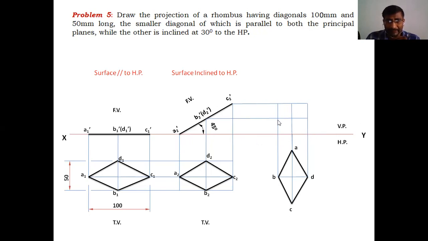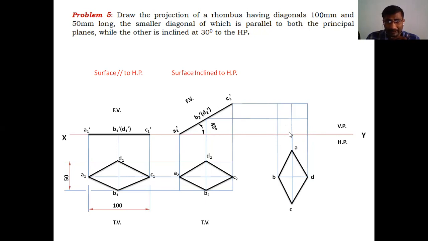Okay. After getting the grid here, for the third stage front view you have to locate the points similar to the previous case. That is, the vertical projection line drawn from A will be intersecting the horizontal projection line drawn from A2 dash.